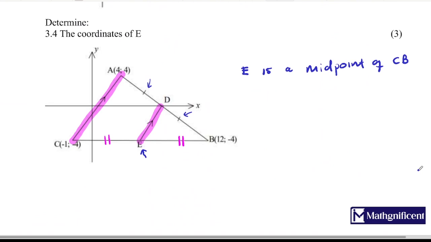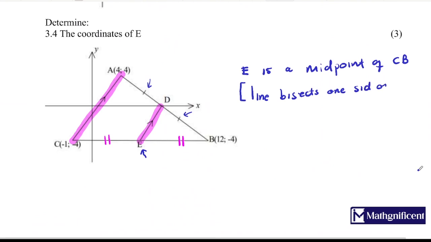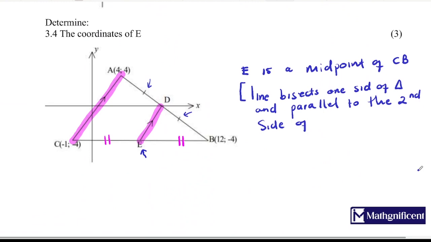We can say the reason for this is the fact that we have a line that bisects one side of a triangle and at the same time is parallel to the second side of the triangle.